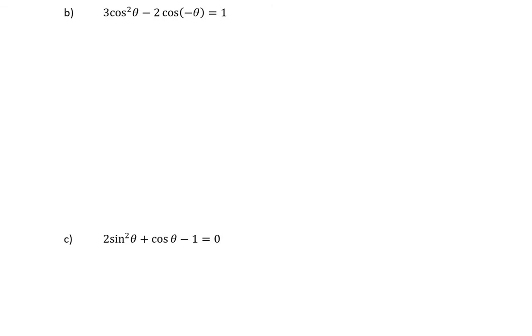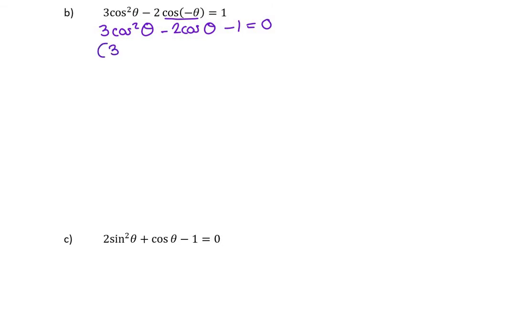This is a fairly standard one now, so you might even want to hit pause, try question B, and then mark it, see how you do. So what I would do, hopefully you've tried it on your own, is I would do 3 cos squared theta. Now don't forget that cos of a negative angle is just the same as cos of an angle, and so it's almost like that negative disappears. I would minus 1 on both sides.